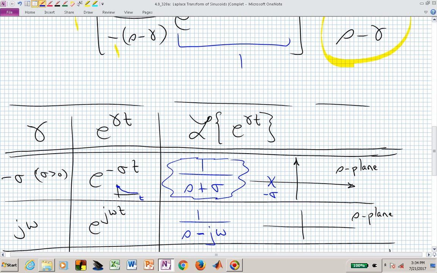If we were now to find the value of s that causes the denominator to vanish to produce a pole in the s-plane, that pole would occur at a value of s equal to j omega.